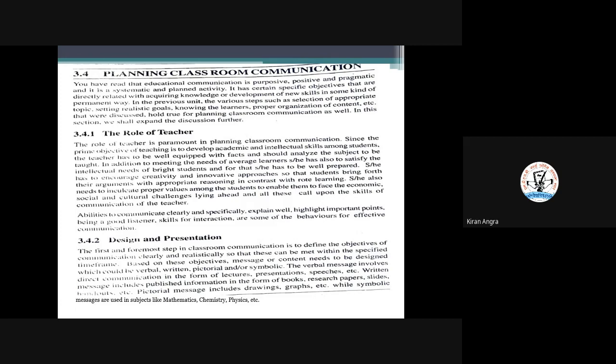Pictorial messages, as you know, are useful for a learner at any level, in the form of drawings and graphs, and may be symbolic if you are teaching subjects like mathematics, physics, or chemistry.